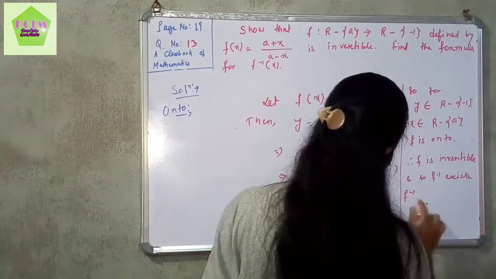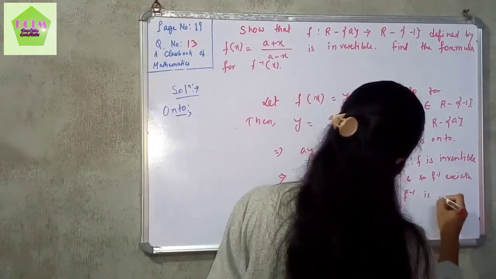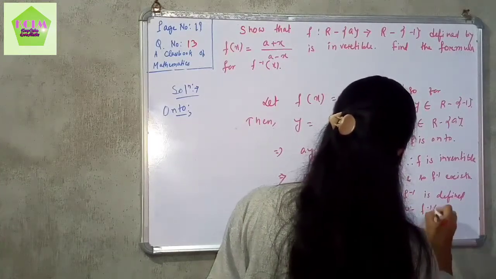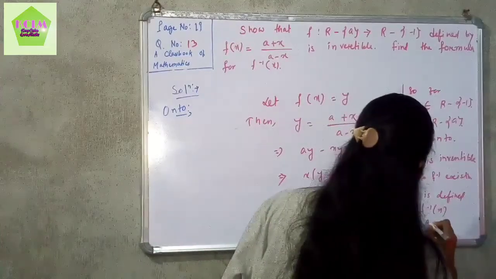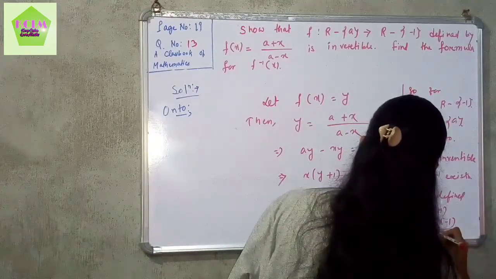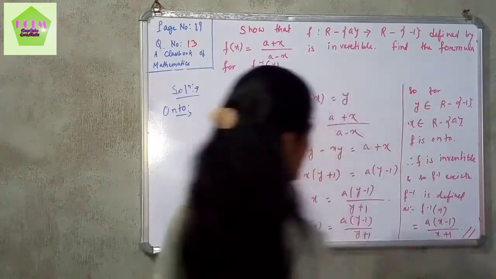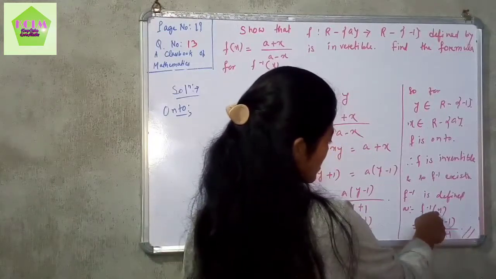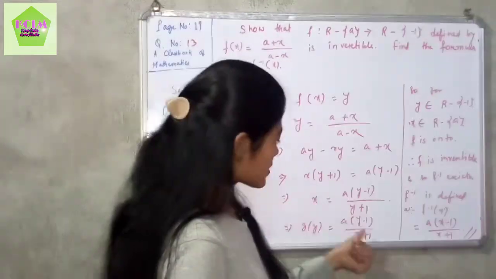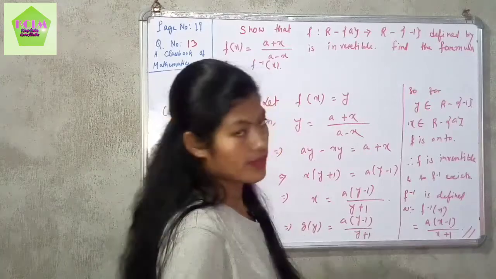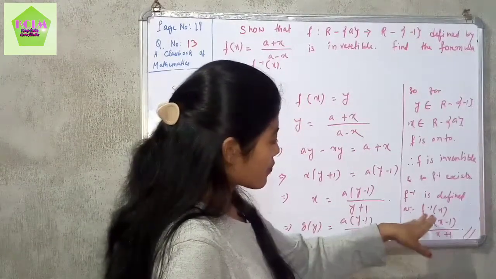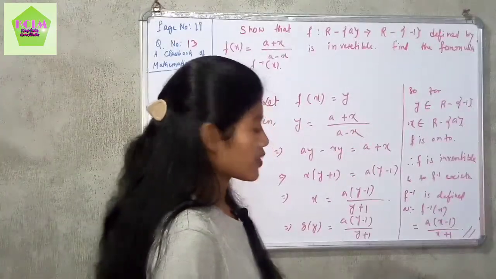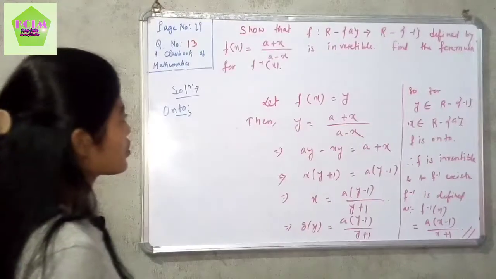So f inverse will be defined as f inverse of x equal a into x minus 1 by x plus 1. Since we are taking this f inverse at the element x, I am replacing y by x. So the inverse of this function at any element x will be a into x minus 1 divided by x plus 1. So this question is also done.